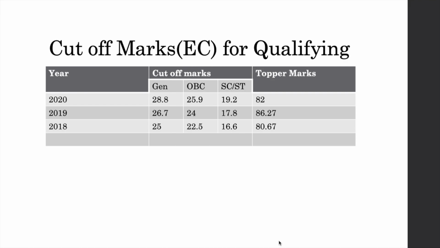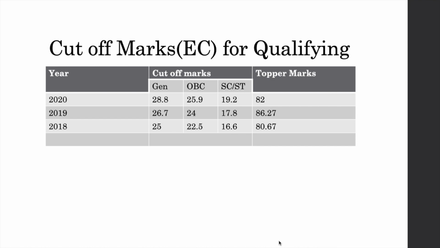Here we are interested in understanding the minimum marks required for qualifying and what marks the toppers get. So we have a pretty good idea of the range of marks that people in general get, and now we are interested in how many marks we need to score to get something good.